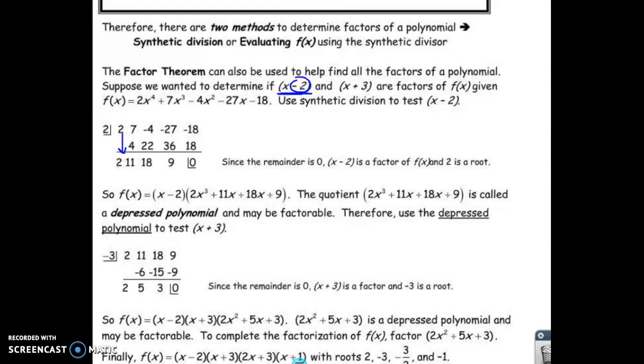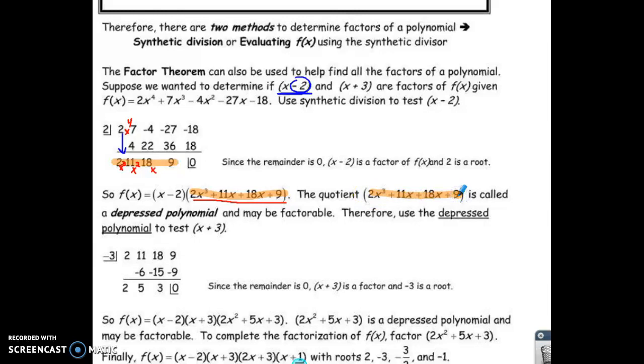Now, this part here, since this was x to the fourth, dividing by x, this now becomes x cubed, x squared, and an x, and 9 is my constant. There it is right there. That is called the depressed polynomial. So this is the quotient.